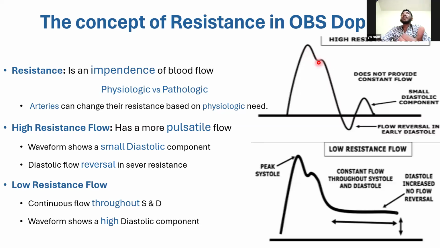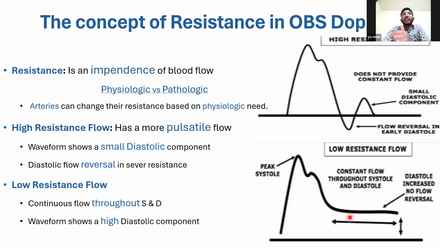Then there will be a sudden deceleration here. Then there will be diastolic peaks due to the resistance encountered by the blood flow through its journey. So what's the difference between high resistance flow and low resistance flow? In high resistance flow, the waveform shows a small diastolic component.